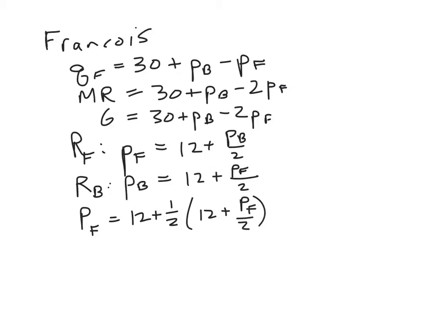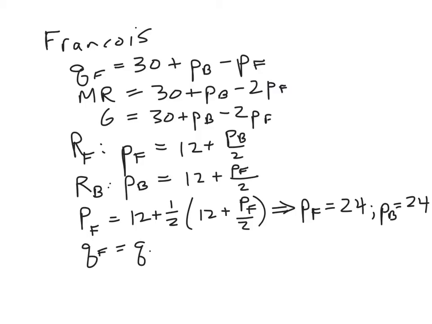And when we sort that all out, we end up with Francois' price equal to 24 and Babette's price equal to 24. That means Francois' quantity is going to be the same as Babette's quantity, and that quantity is going to equal 30.